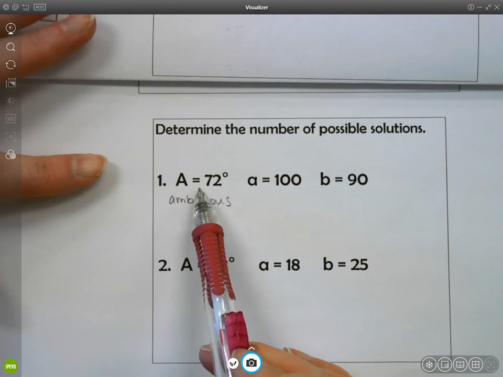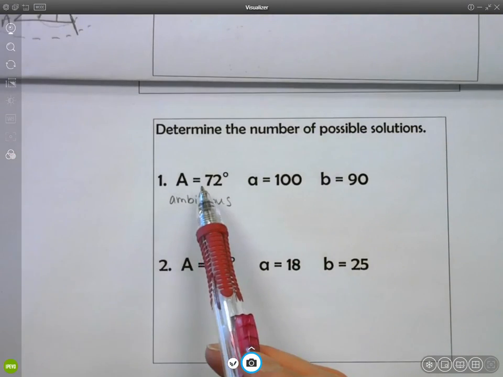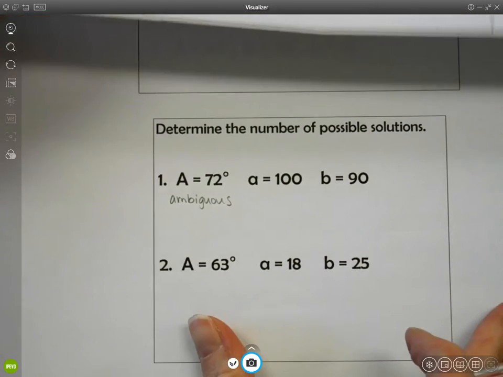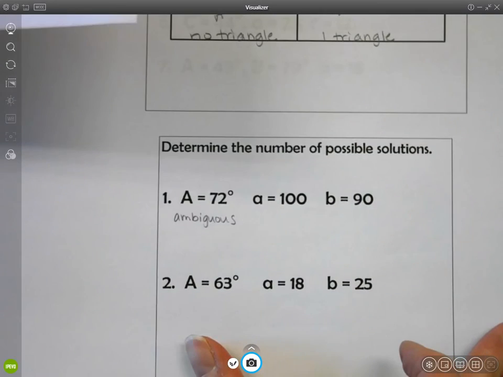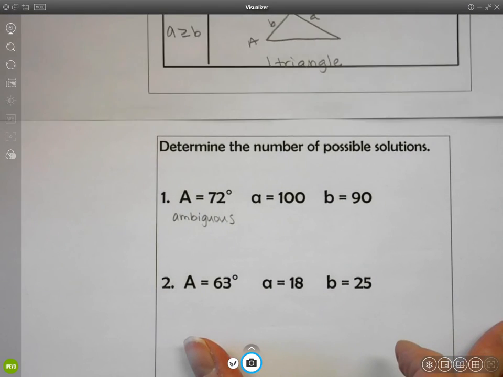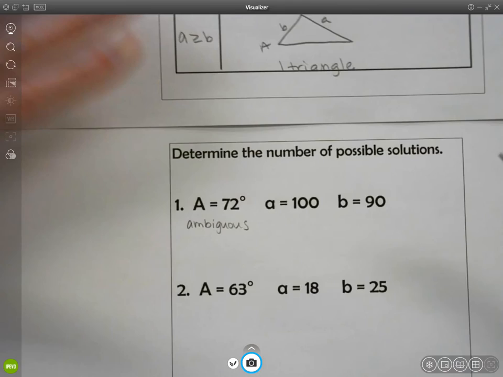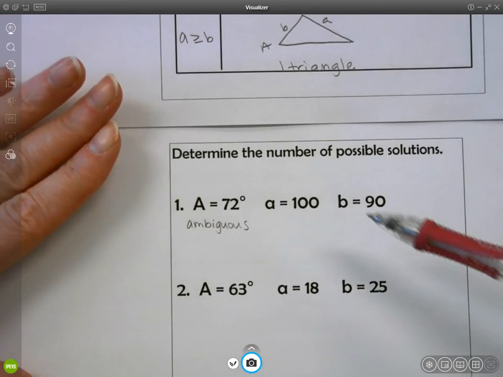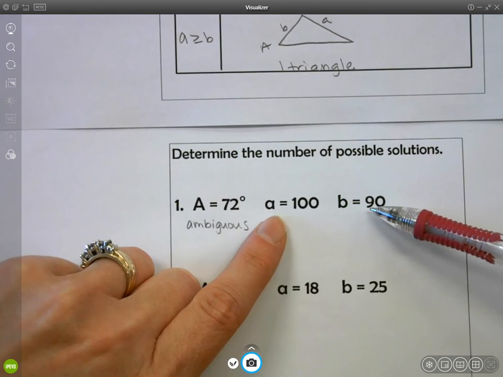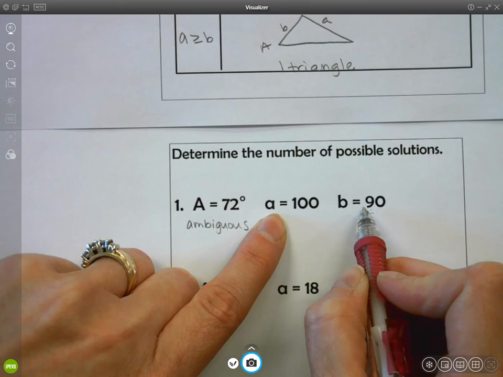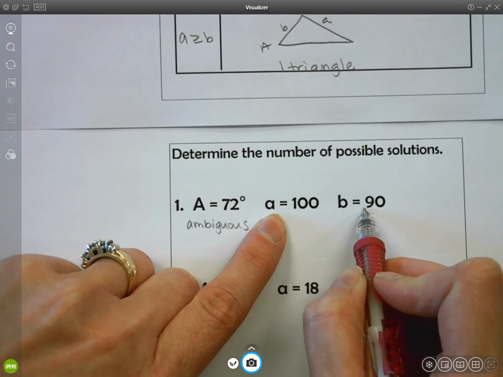So the first choice that we make is: is my angle bigger than 90 or less than 90? So which case am I talking about, case 1 or case 2? We're going to be talking about case 1. So look at your case 1 card, or your chart for case 1. Is A greater than B or less than B?